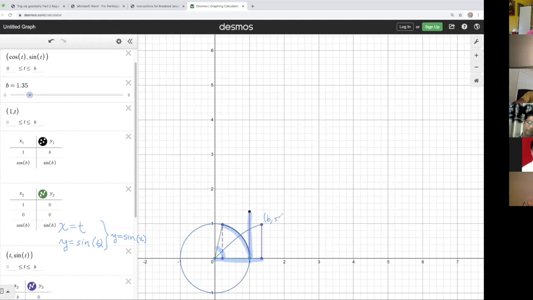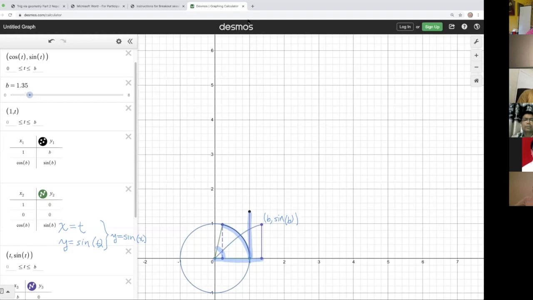sine of B. In general, any point on the sine graph would be T, sine of T, but B, remember, is the maximum value for T. And so the maximum value for T is the outermost point on the vertical line, the outermost point from where we start, the end point, if you will, on the arc, and it's also the outermost distance that we extend the sine graph.